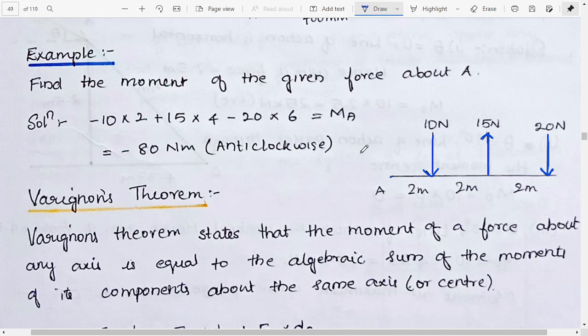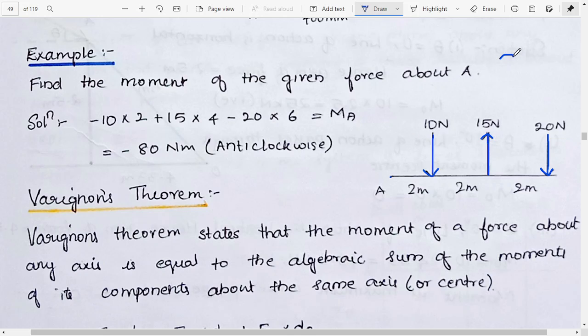Okay, so we know that moment of force is nothing but the force multiplied by the perpendicular distance, and in this case it will be 10 into 2, but the sign will be negative because it's in the clockwise direction.